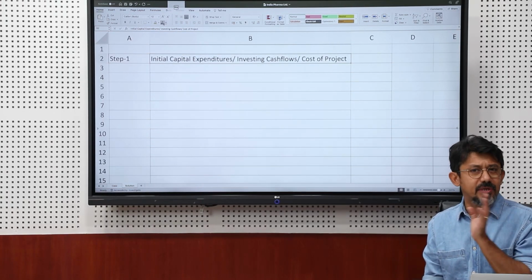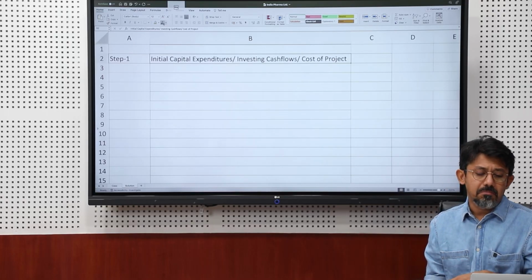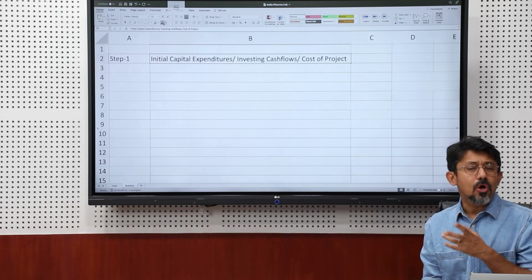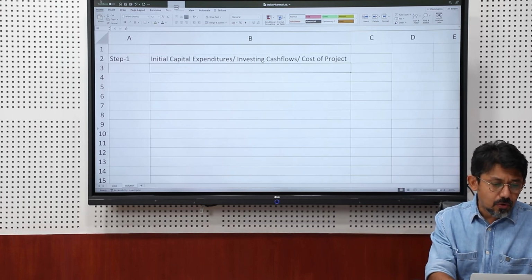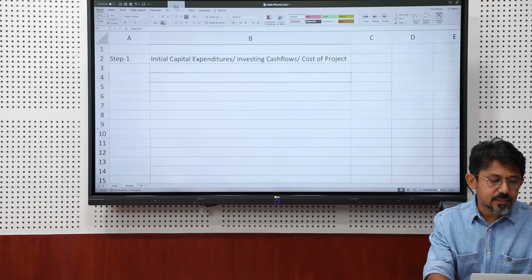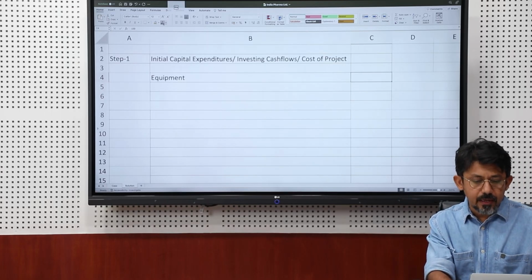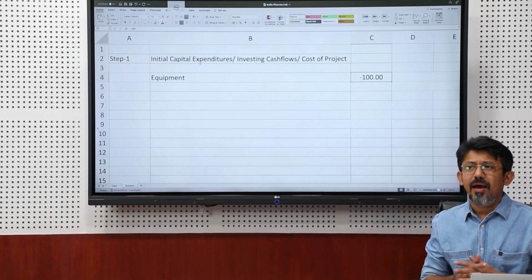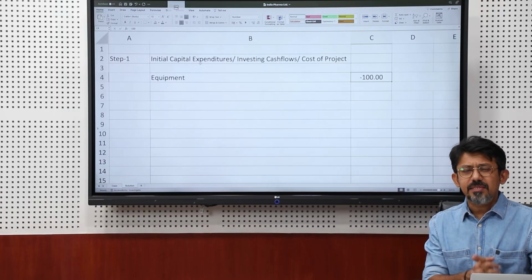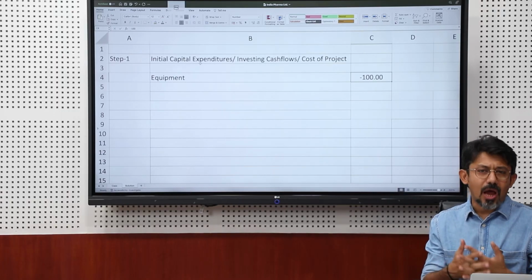It can be called initial capital expenditure or investing cash flows, or it is also known as CapEx, the cost of the project. Right now, the cost of the project for us is only the equipment, which is 100 million. I have written it as negative essentially because it is a cash outflow.